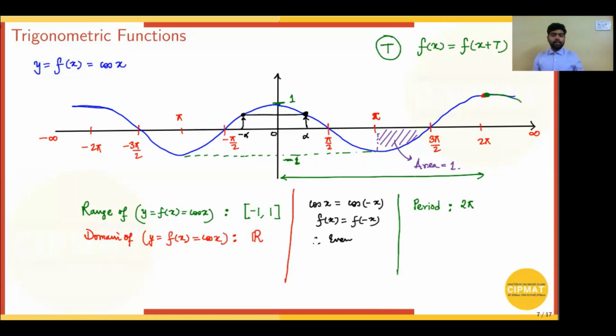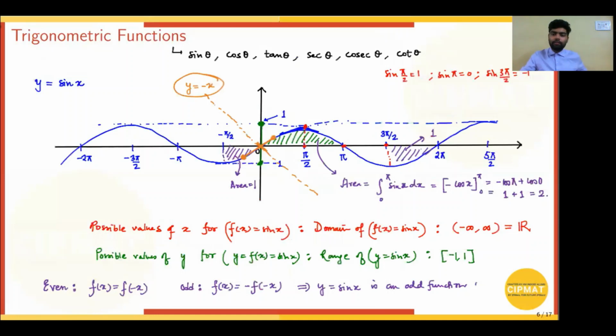So the graph is going to repeat itself after every 2 pi values of x. From 0 to 2 pi, it's going to have the same kind of graph. From 2 pi to 4 pi, the same kind of graph. From 4 pi to 6 pi, the same kind of graph, and so on. Hence, I say that the period of this graph is 2 pi.